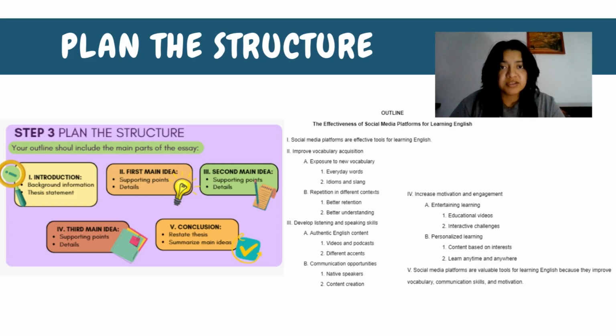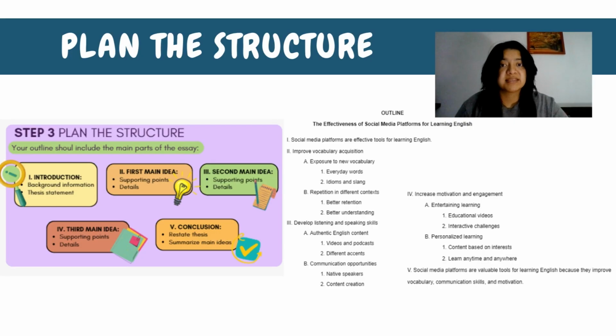The infographic shows that the outline should include five main parts: an introduction, three body paragraphs, and a conclusion. Each body paragraph should develop one main idea, supported by key points and details. This planning helps keep the essay clear, organized, and easy to follow.